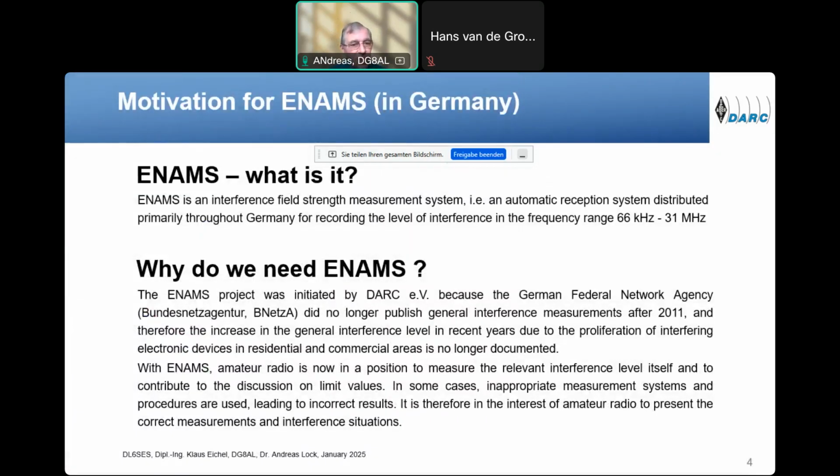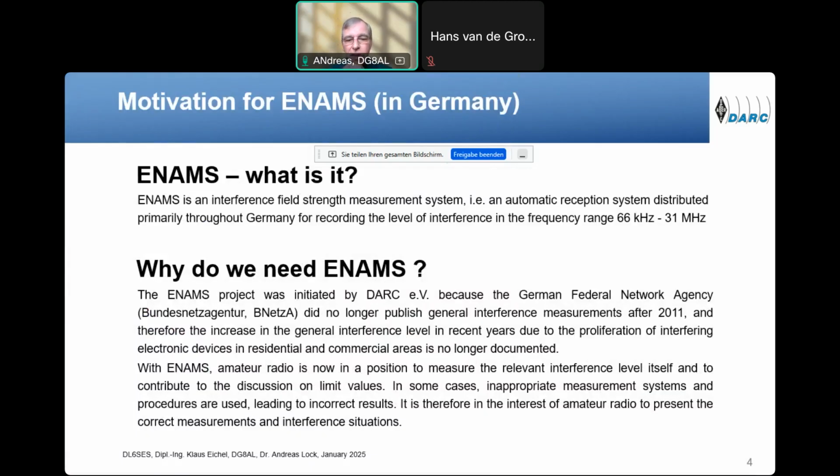So what is ENAMS? ENAMS is an interference field strength measurement system. That's an automatic reception system distributed mainly throughout Germany for recording of the interference level in the frequency range between 66 kilohertz and 31 megahertz. So, and the ENAMS project was decided by end of 2017.